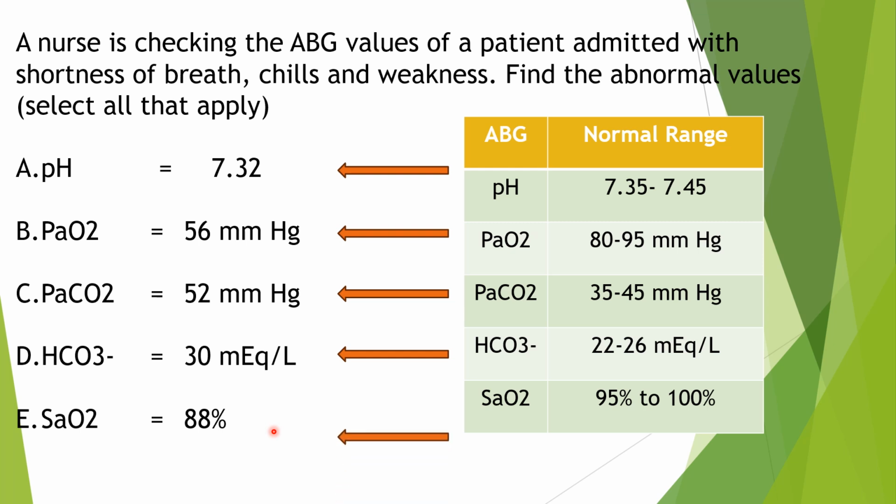So this is also abnormal, and from the ABG values there are two indications for the patient to get oxygen. One is partial pressure of oxygen, which is less than 60 mm of Hg, and oxygen saturation, which is less than 90%. So I hope you understood this question and how we have to think of oxygen administration.